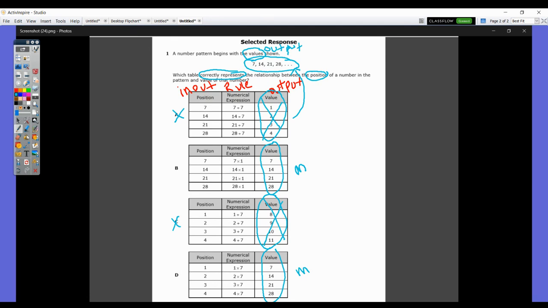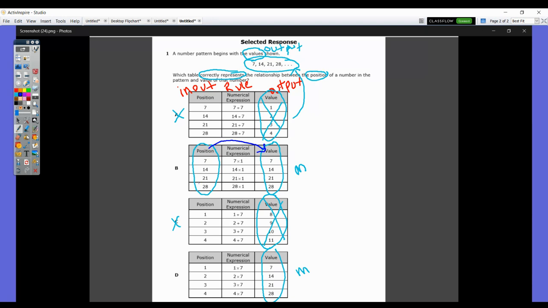Again, I want to know which table correctly represents the relationship between the position of a number in the pattern and value of that number. If I look at answer choice B, looking at that position, it looks like it's the same as that value. And we cannot have a chart that looks like that.